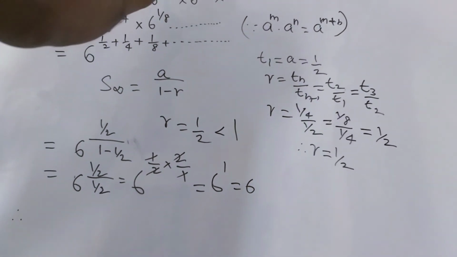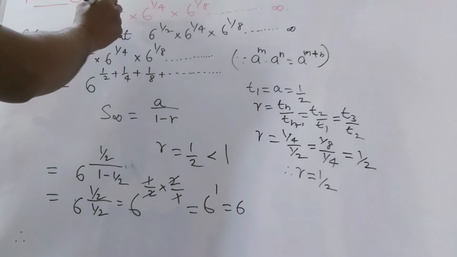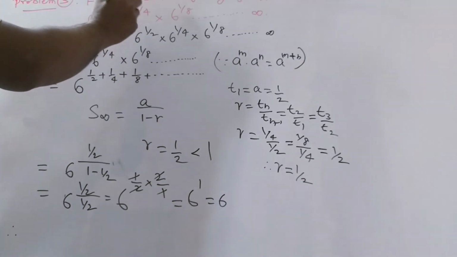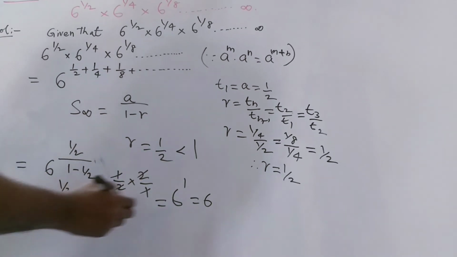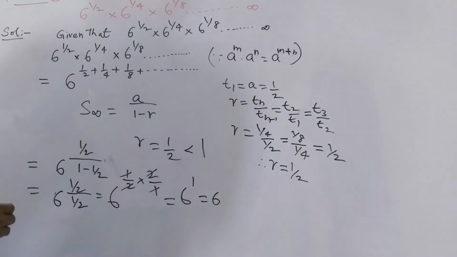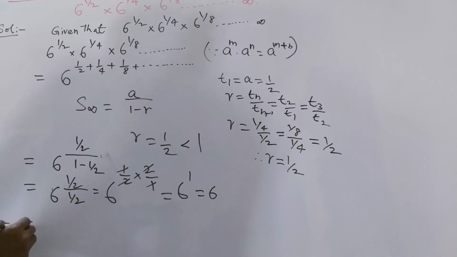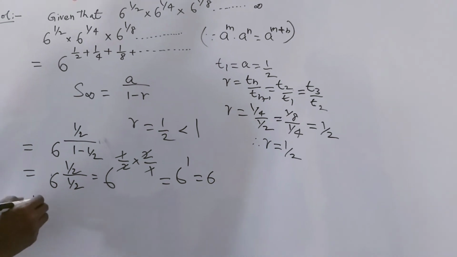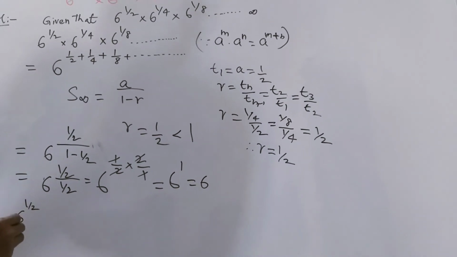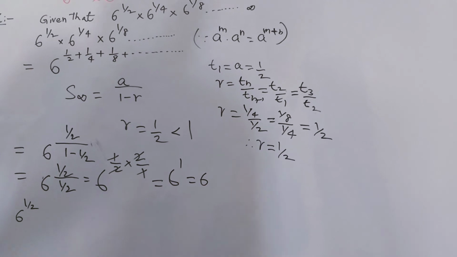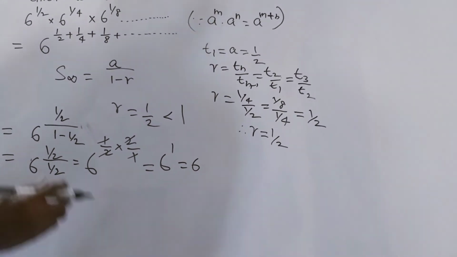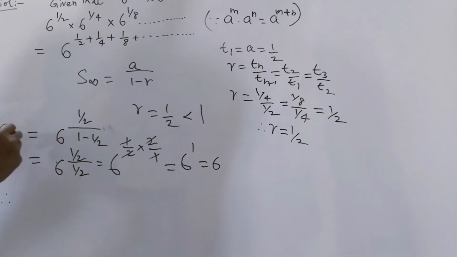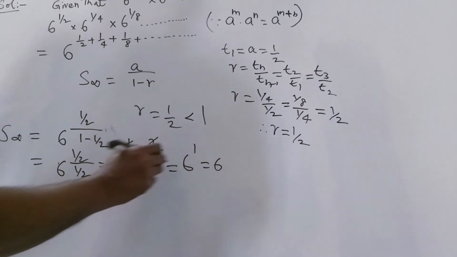So therefore, the sum to infinity of the geometric progression 6 to the power of 1 by 2 into 6 to the power of 1 by 4 into 6 to the power of 1 by 8 is 6. S infinity is equal to 6.